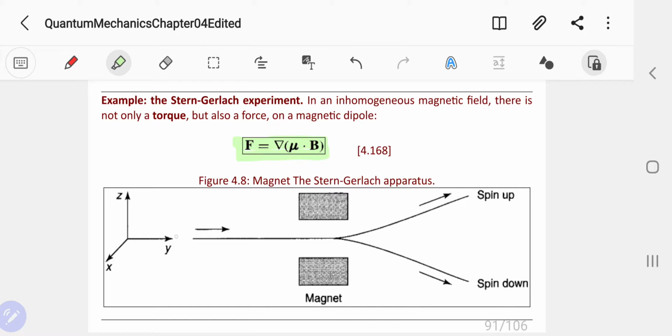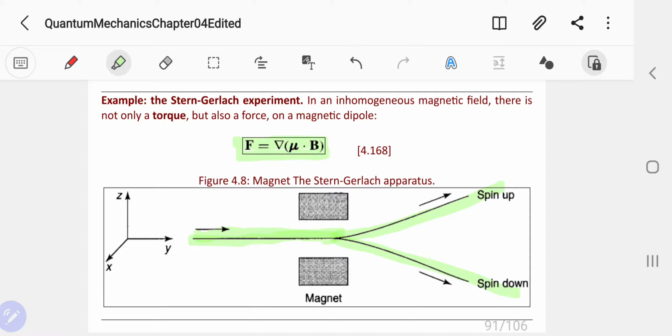So in this figure, you have a beam. Say for example, if this beam is an electron beam, they will separate. If you have a magnetic field here, it will pass through the magnetic field. What happens is that this beam will be separated, categorized into spin.